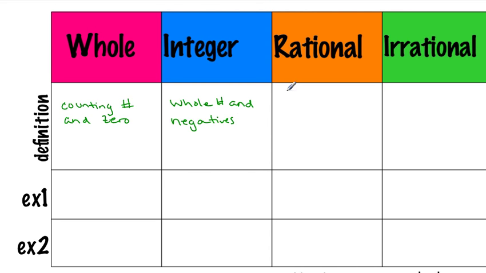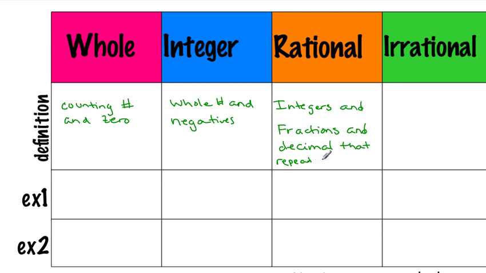My rational numbers, I could say it's integers and fractions and decimals. And then I can even qualify my decimals as decimals that repeat or terminate.